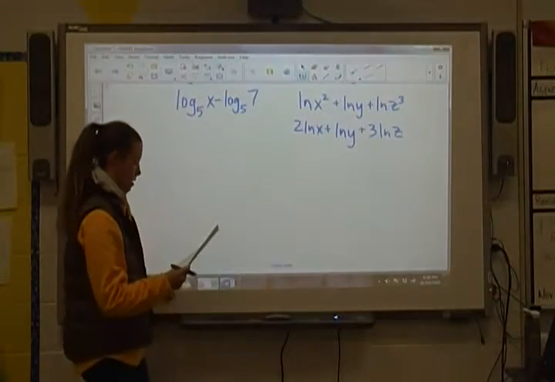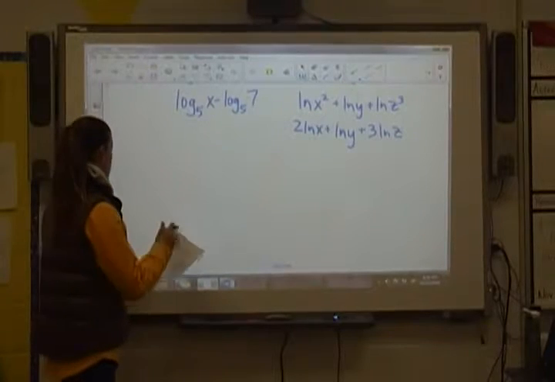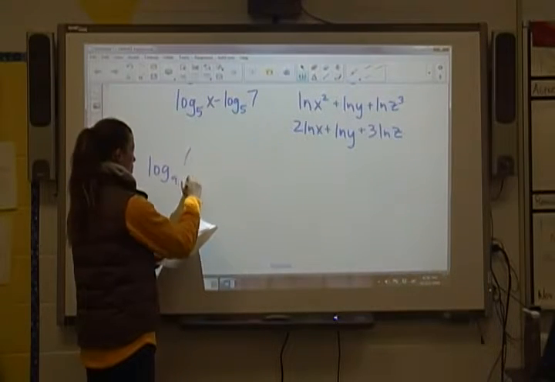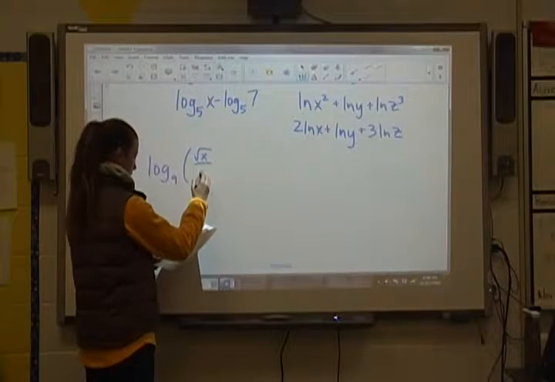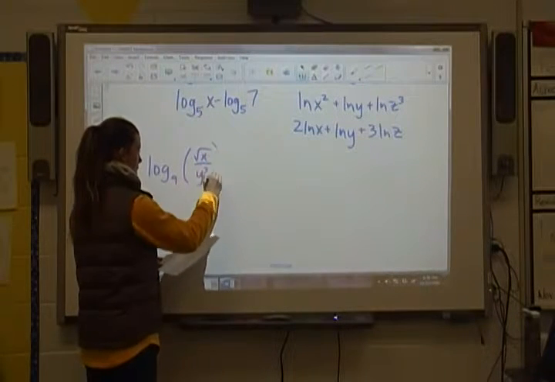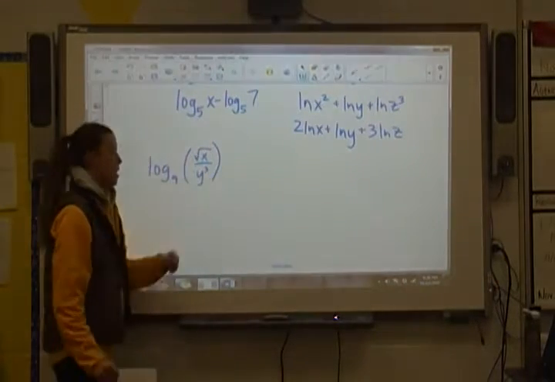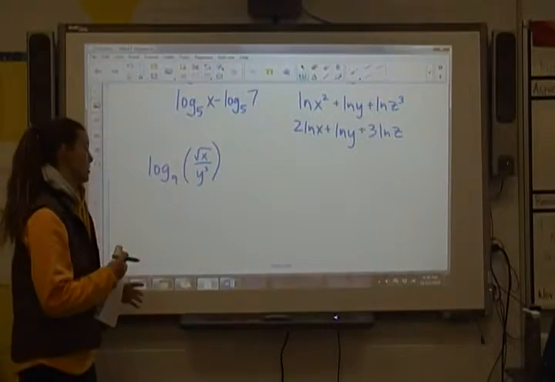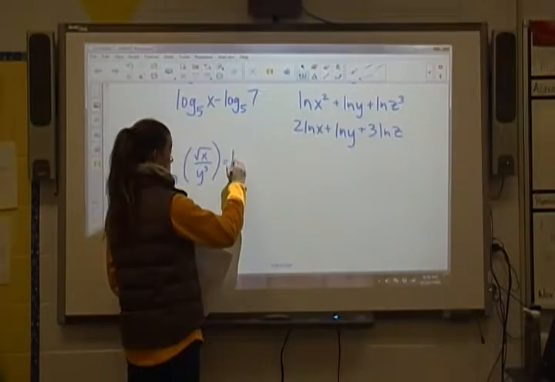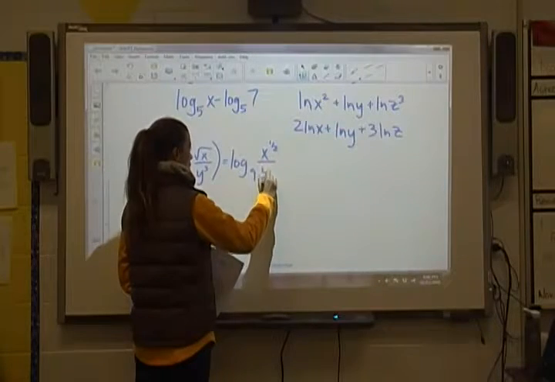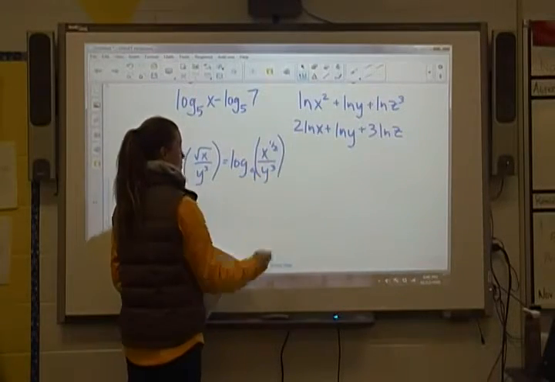Let's take a look at a couple more. How about, let's see, log base 9 of the square root of x over y to the third power. So we look at that one. We see that we have a square root of x. We're going to change that, right off the bat, into log base 9 of x to the 1/2 power over y to the third power.